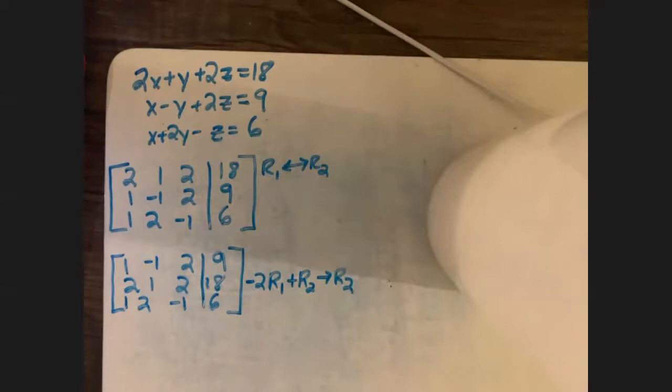So now I'm going to do my little math below here. -2 times that top row is going to be -2, 2, -4, -18.